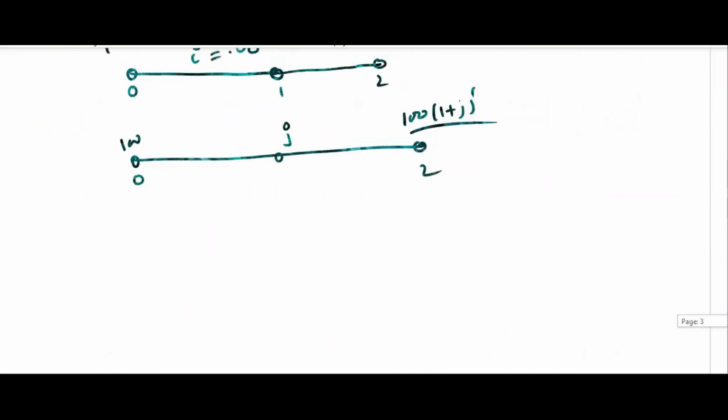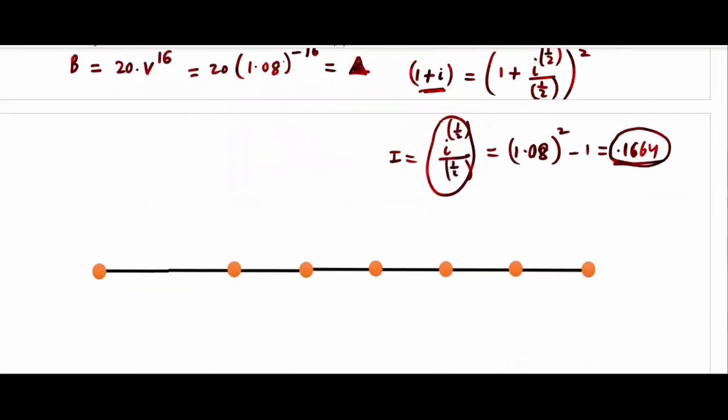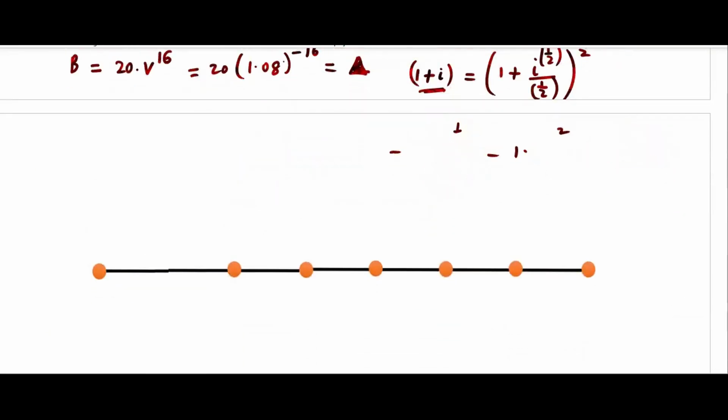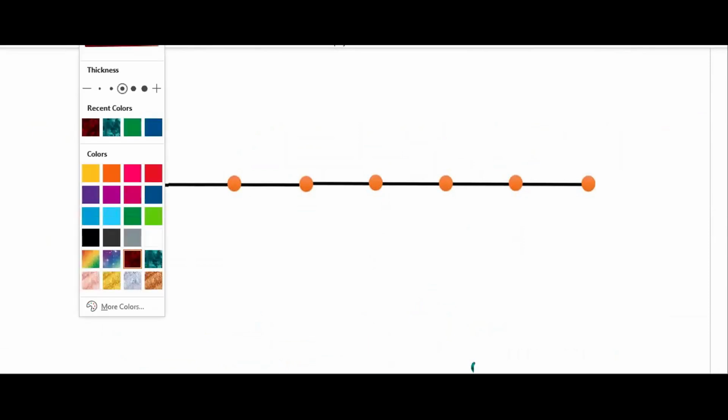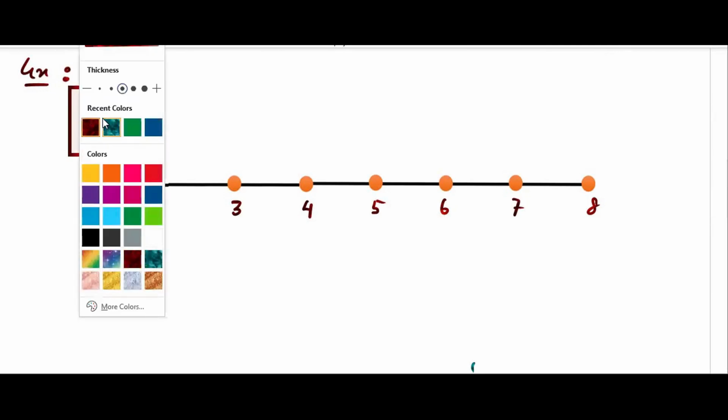I will consider this one. I'll write 0 here, 3 here, then 4, 5, 6, 7, 8, and you need to find the present value here, because the gaps are not the same.